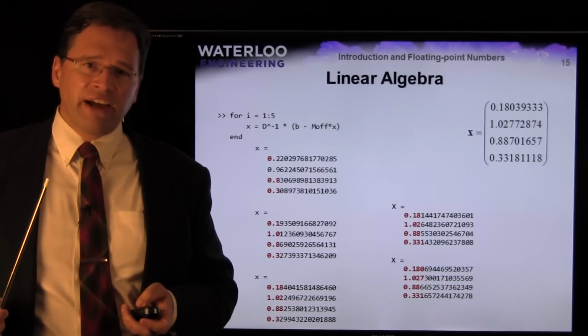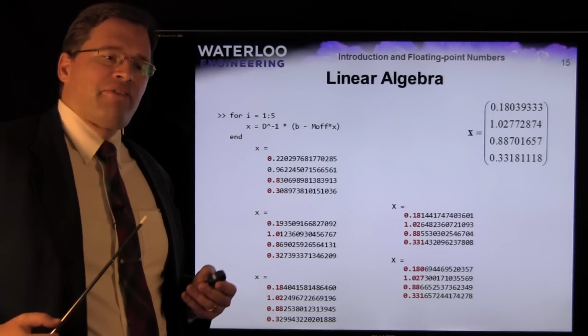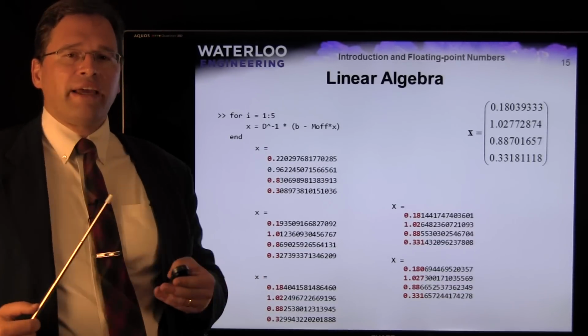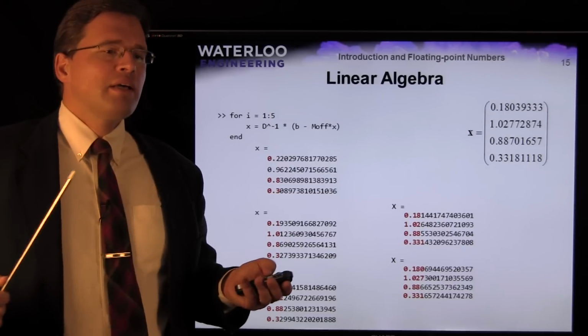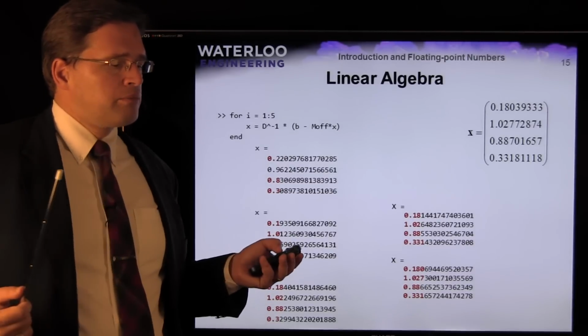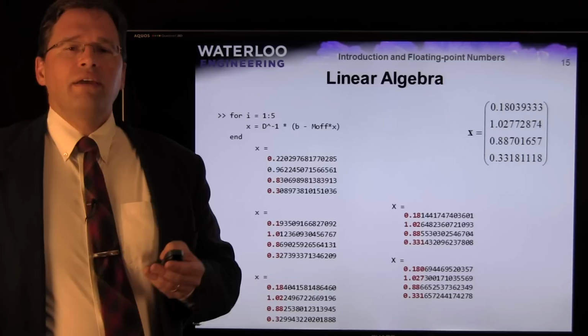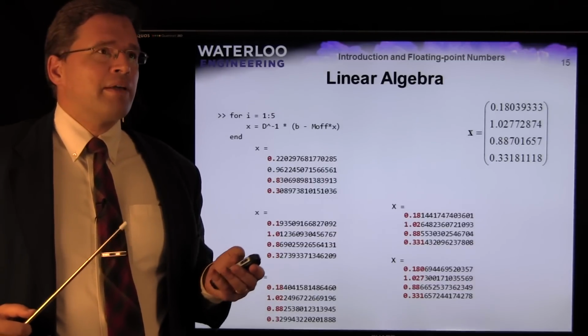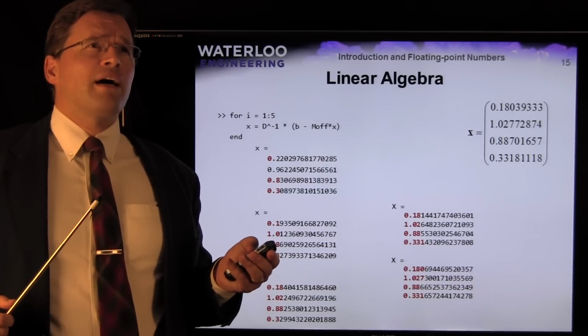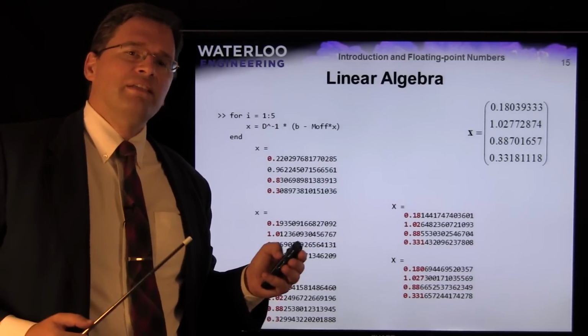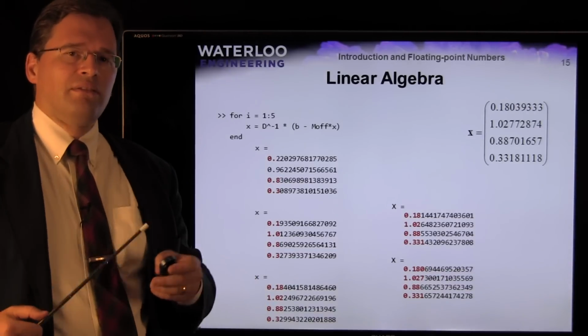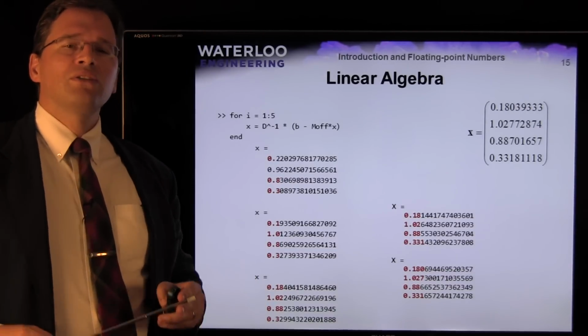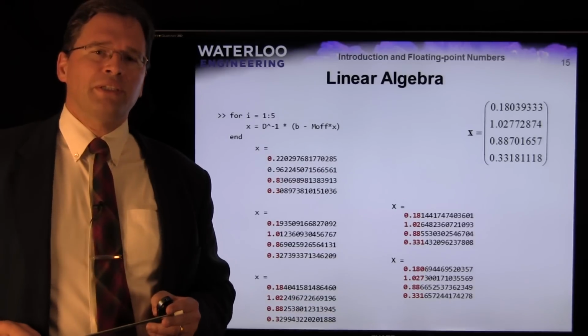Gauss-Seidel is slightly faster, but there are even faster techniques such as gradient descent, and there are residual methods. There's an excellent book by Yousef Saad which covers all of these very fast, iterative approaches to solving systems of linear equations.